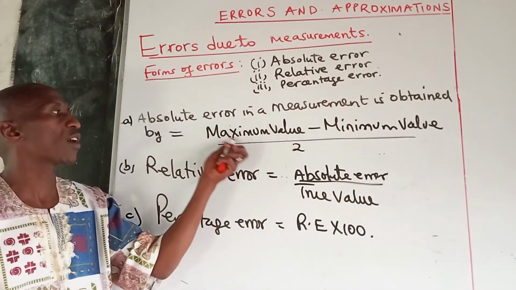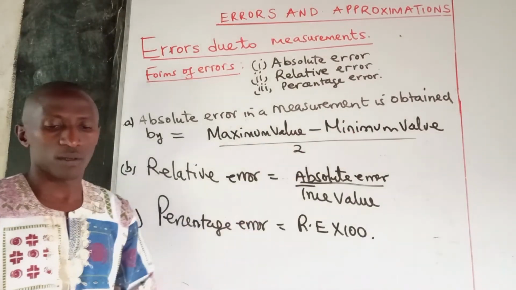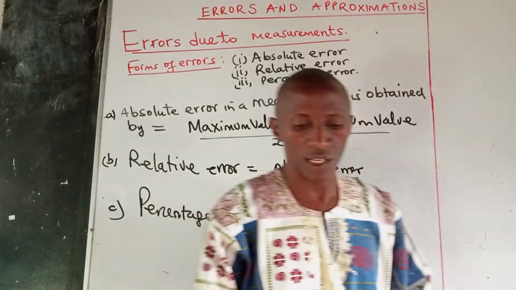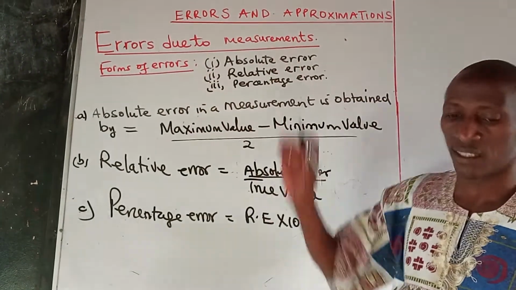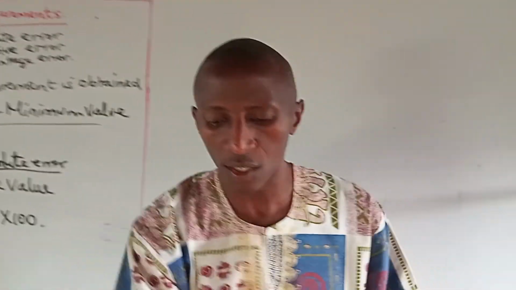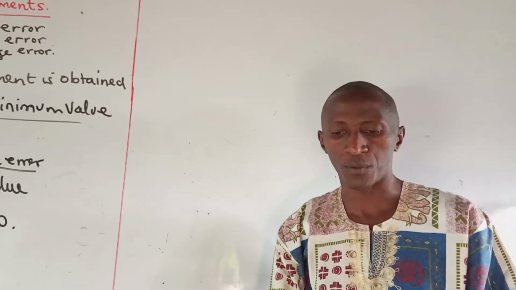What is this that we are calling the maximum value and minimum value? So let's look at example number 2 under these errors due to measurement. We are going to focus on some plain figures like rectangles and so on.